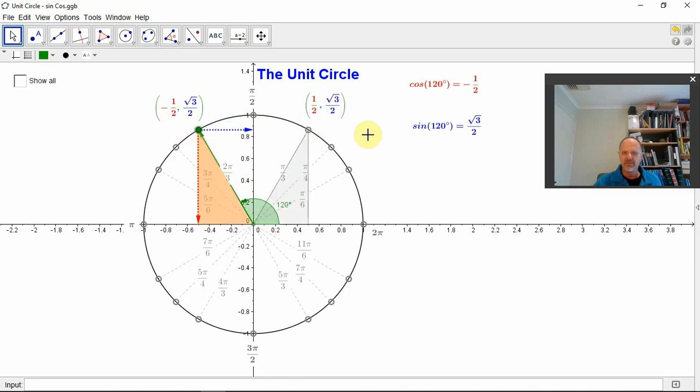And so the values are the same. However, you'll notice that the cos one is negative because in the x we're in the negative direction. So there's also exact values in the other quadrants.